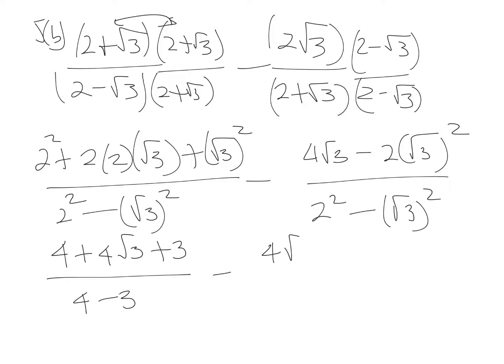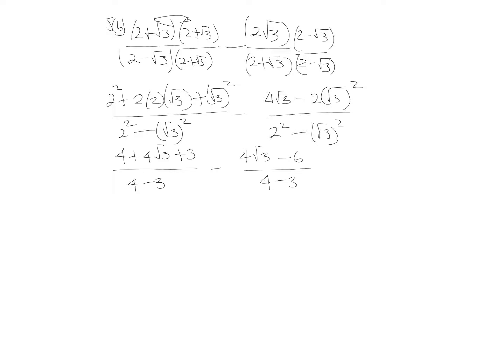4 root 3. And then we have 2 times root 3 squared. Root 3 squared is 3. 3 2s are 6. So that would be minus 6. And then that would be over 2 2s of 4 minus 3. So in this case, both of the denominators will be 1.